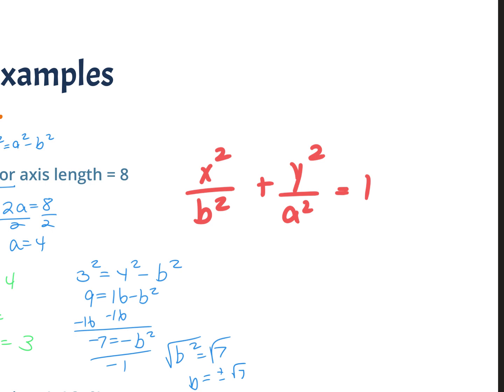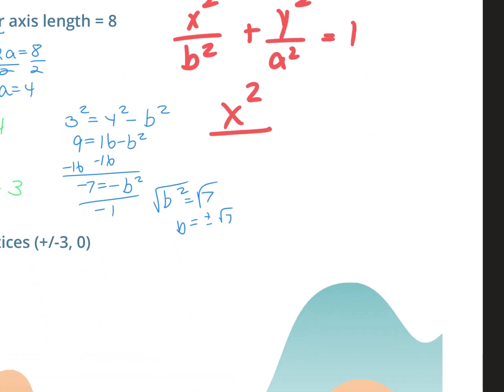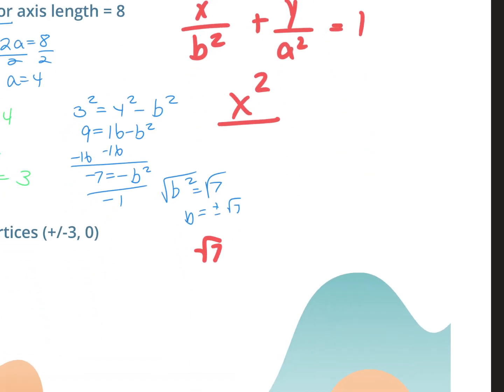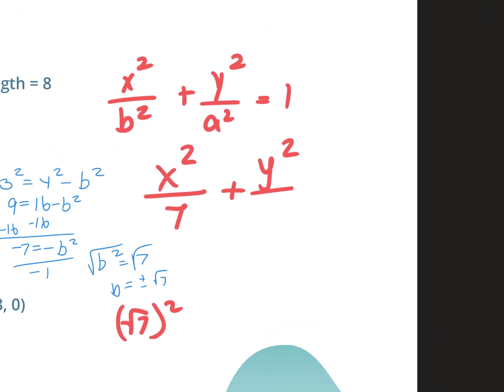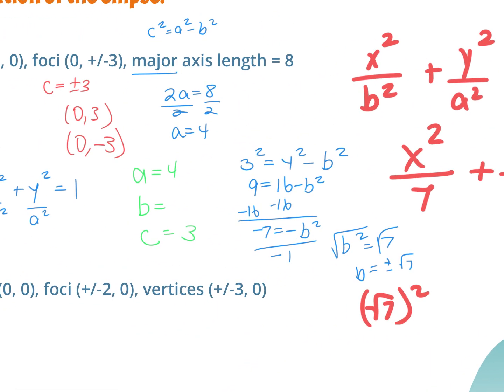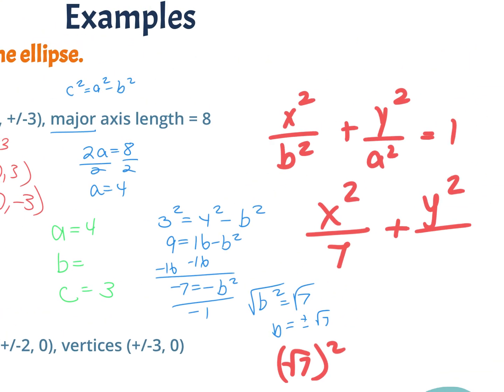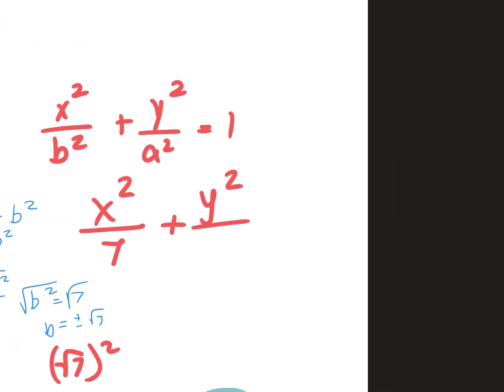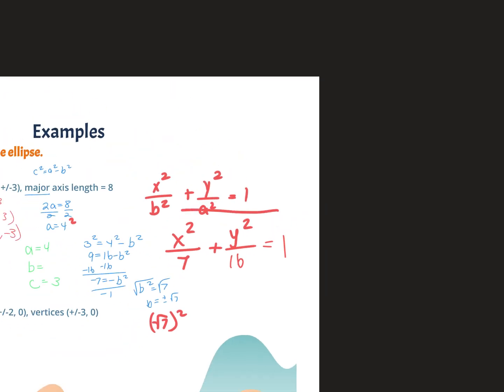Okay, so I'm going to write this as x squared over, well, my B value is the square root of 7. If I square that, what does that become? 7. Plus y squared over, what's my A value? 4. Well, what happens when I square 4? 16 equals 1.